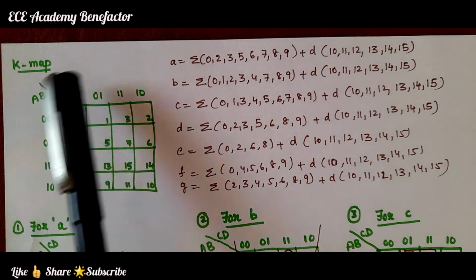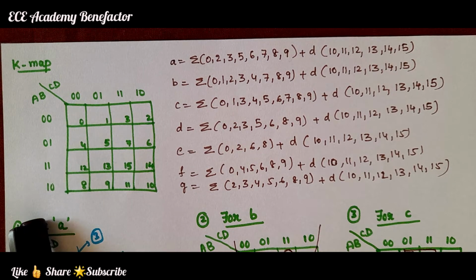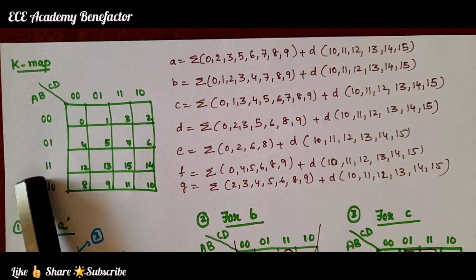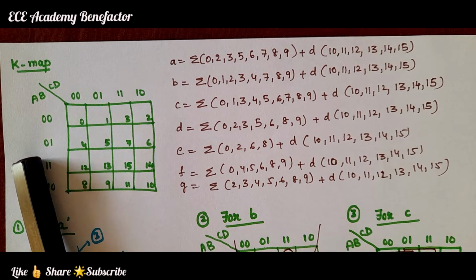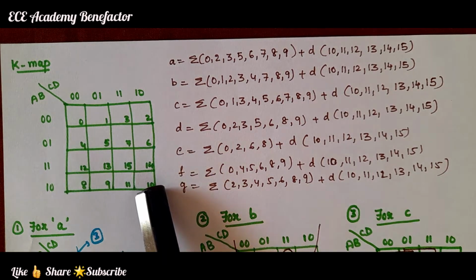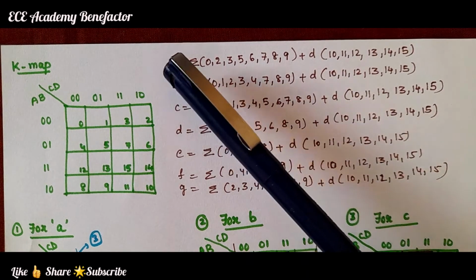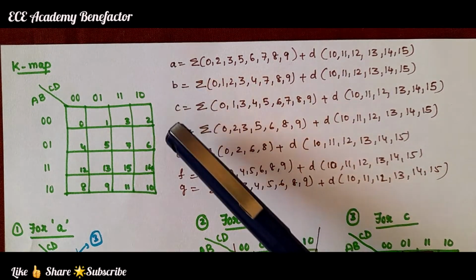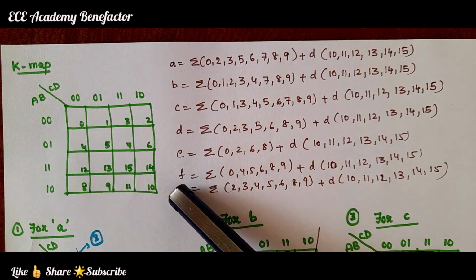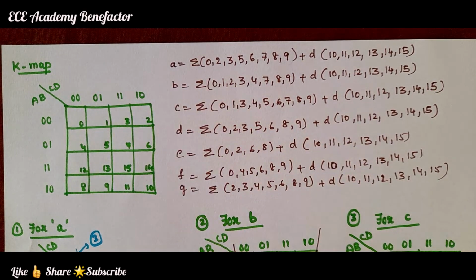This K-map you are all familiar with, which we have already done. So, just for a quick review of the 4 variable K-map, I have drawn it here with the cell numbers. Now we need to draw the K-map for A, B, C, D, E, F, G. For each segment we need to simplify the K-map.